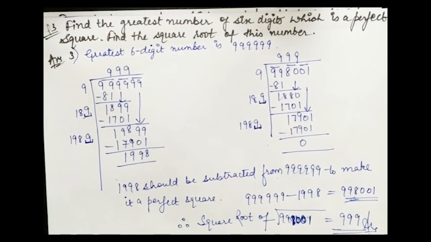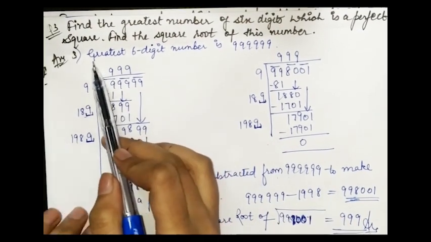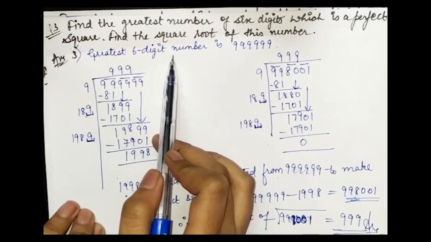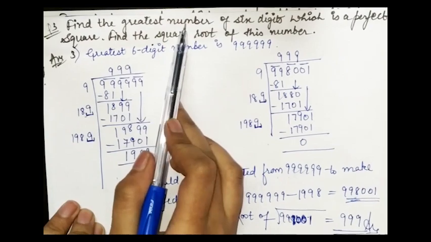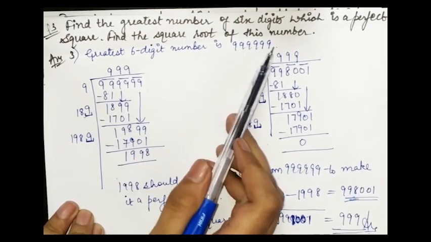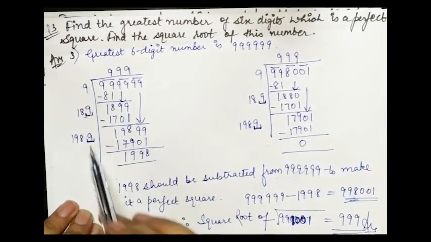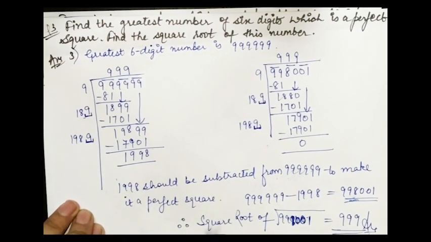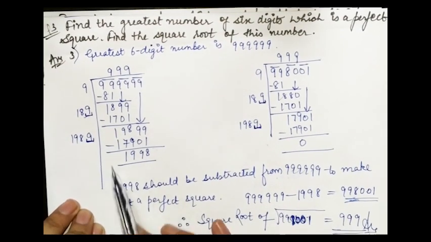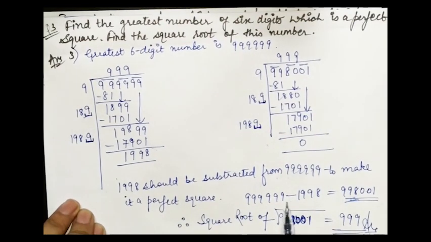In that question I am repeating once again what we have to do. Here we asked for the greatest 6-digit number, but there we have to ask for the least number, that is 100000. So we have to do the long division of that, and then one remainder will be there. You have to add that, not subtract that.